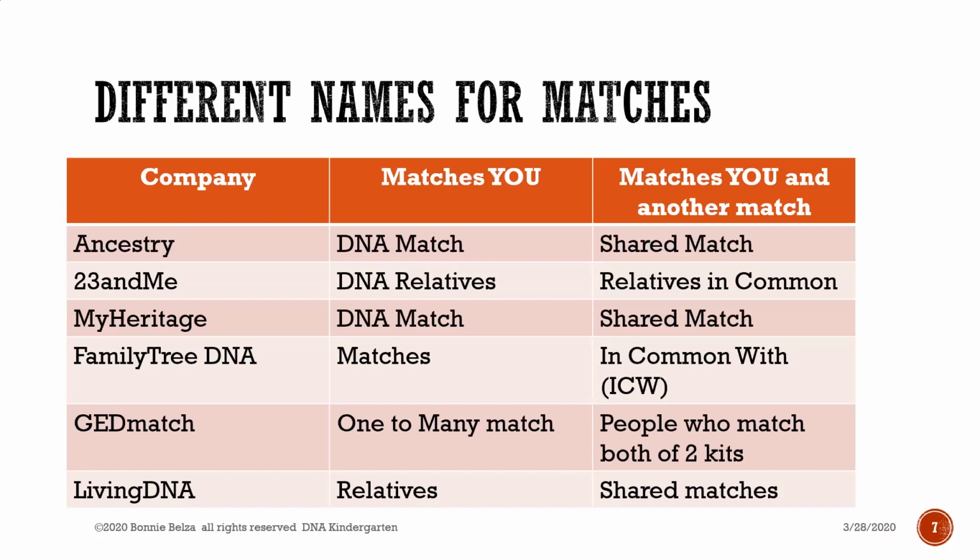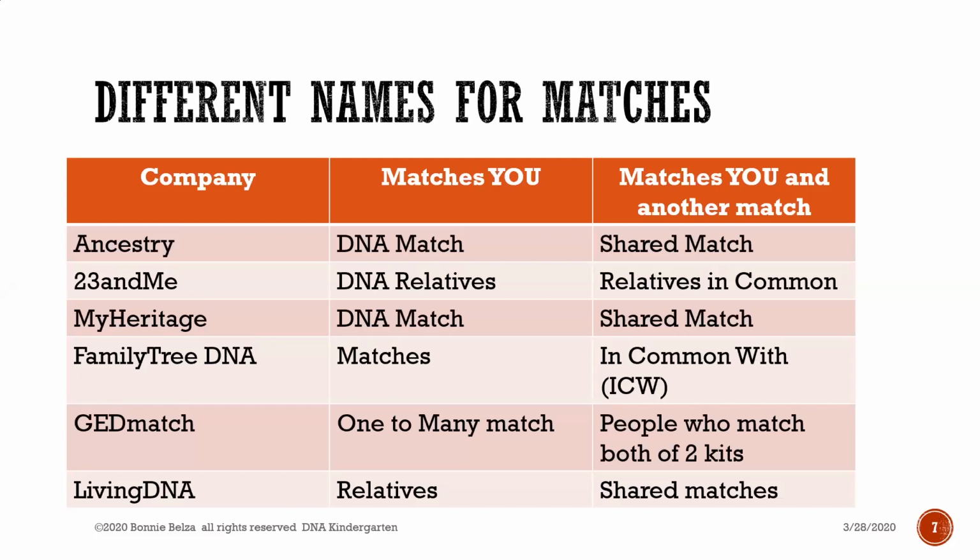GEDmatch has a utility that you can use for free when you register at their site and upload your DNA, called the one-to-many match list. And that is equivalent to people who match you. GEDmatch has another utility that provides matches of people who match both of 2 kits.